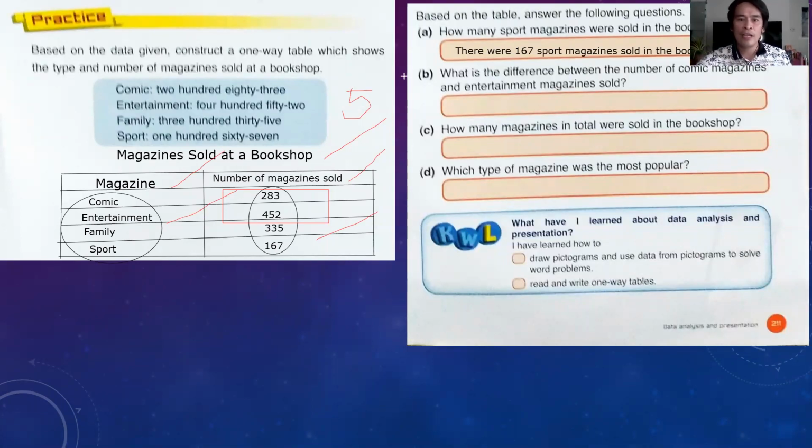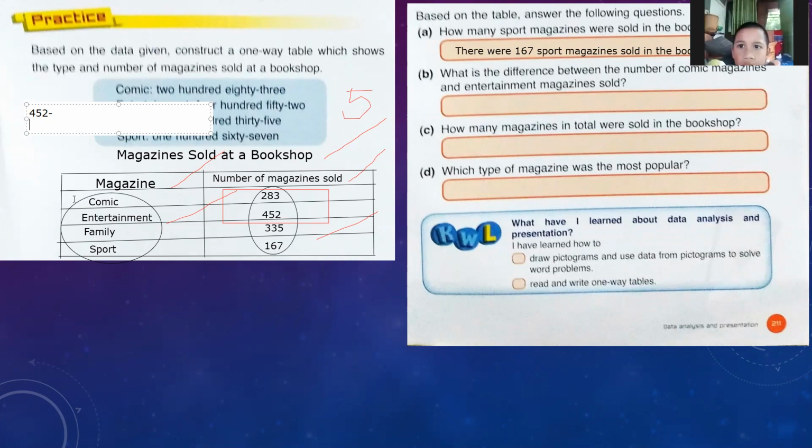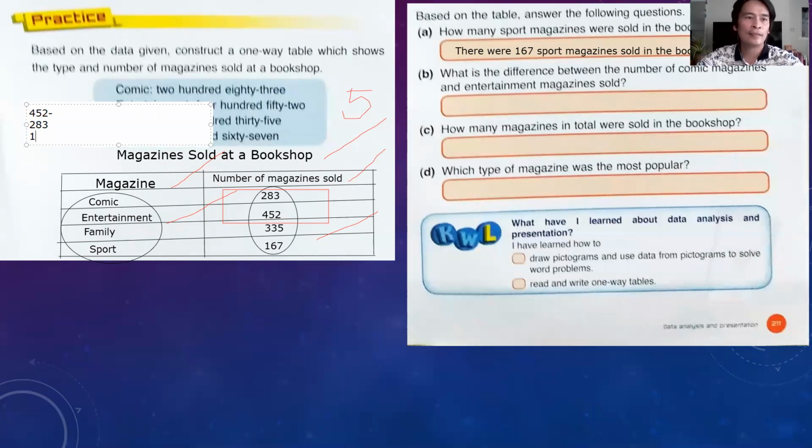So if we do the working here on the scratch paper, 452, the bigger number, minus 283 is equal to 169. Yes or no? Yes. So you have to write here the difference between the number of comic magazines and entertainment magazines sold.